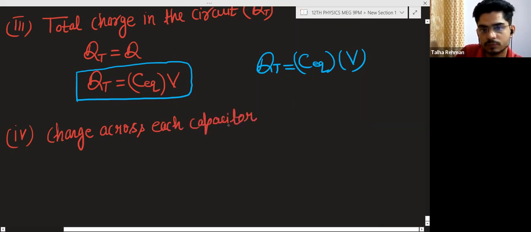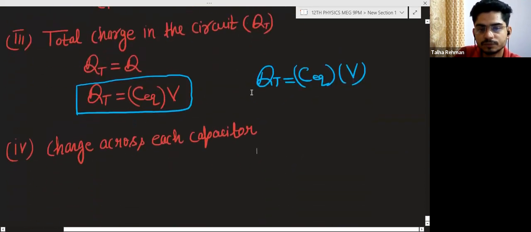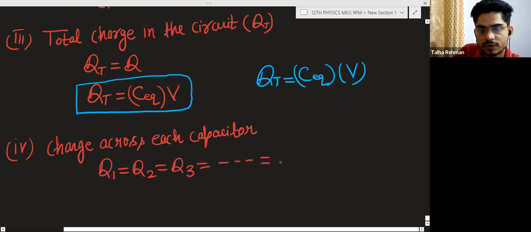So charge across each capacitor means Q1, Q2, Q3, Q4, and all the charges are same here. Q1 is equal to Q, Q2 is equal to Q. So you can write Q1 is equal to Q2 is equal to Q3 and so on, is equal to Qn is equal to Q.